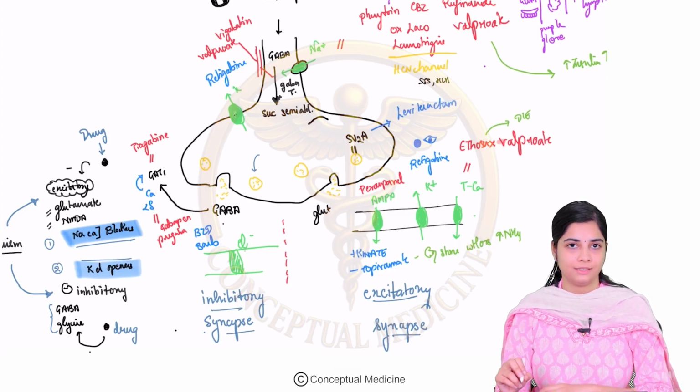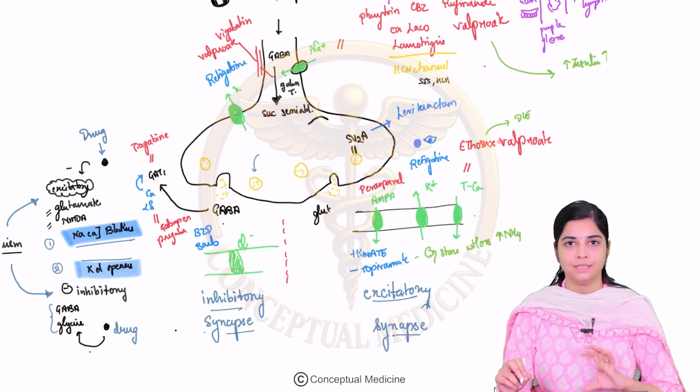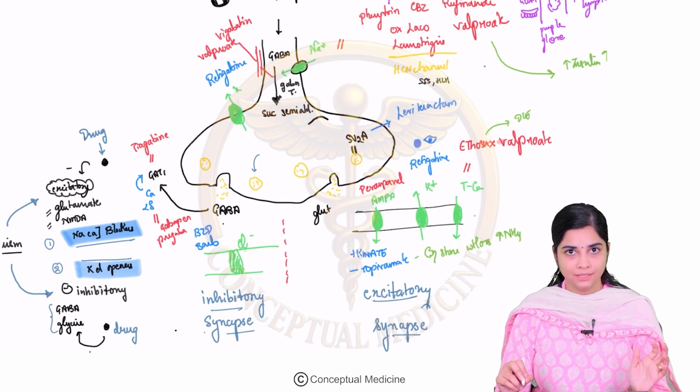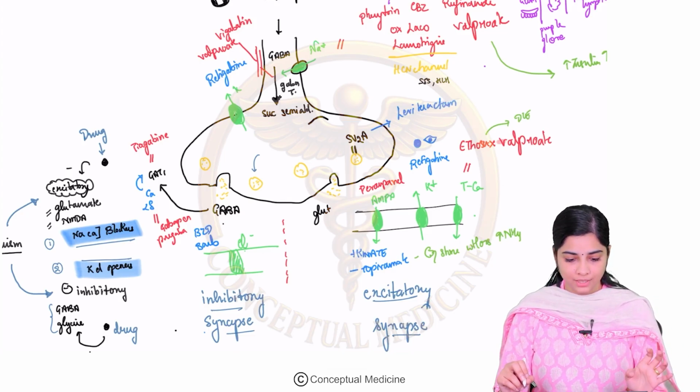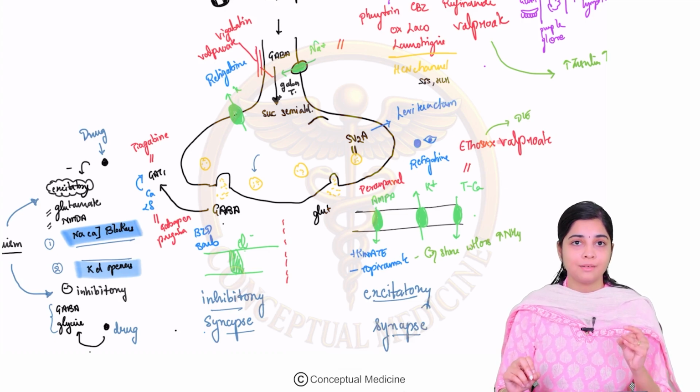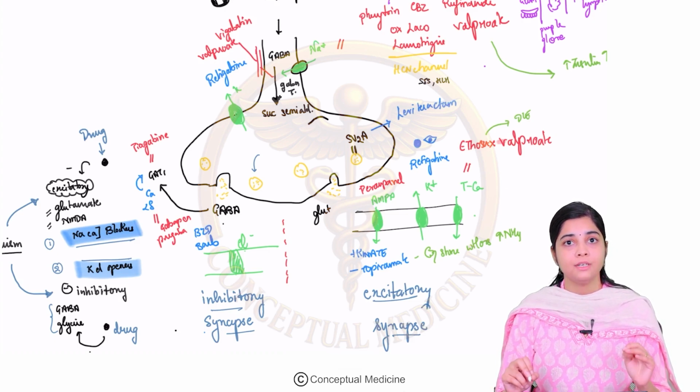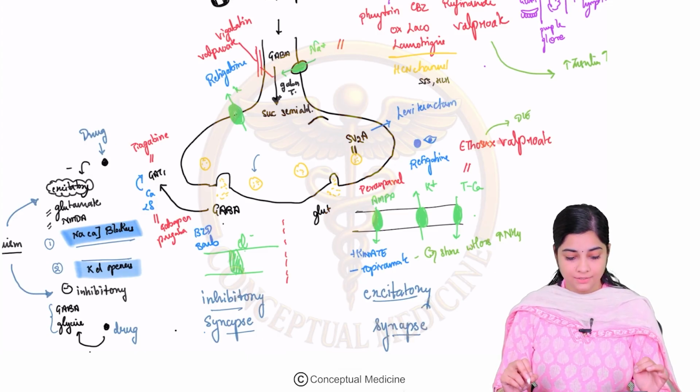So they can act on an excitatory synapse or an inhibitory synapse. Okay, fine. So this is your basic principle. Once the action potential comes, it stimulates the neurotransmitters which are released and act on an excitatory synapse or an inhibitory synapse.